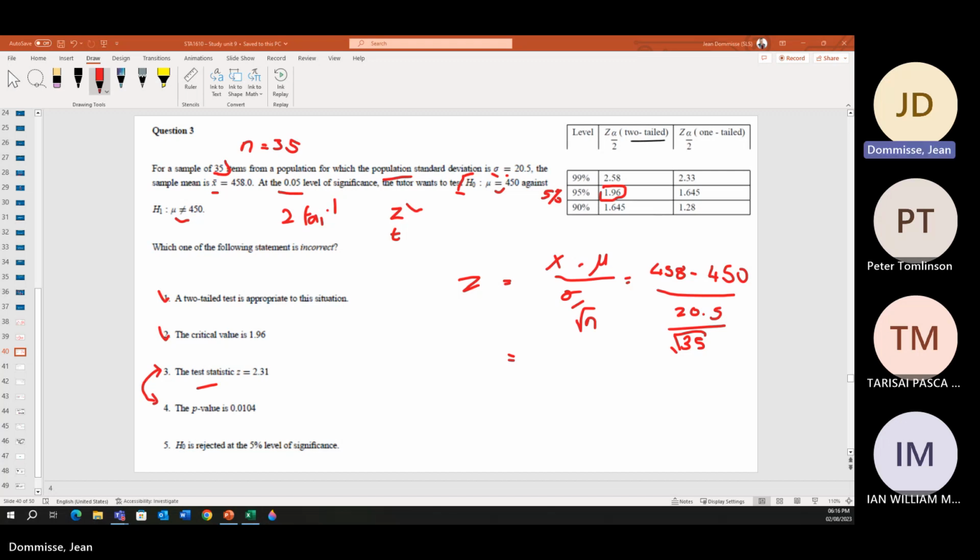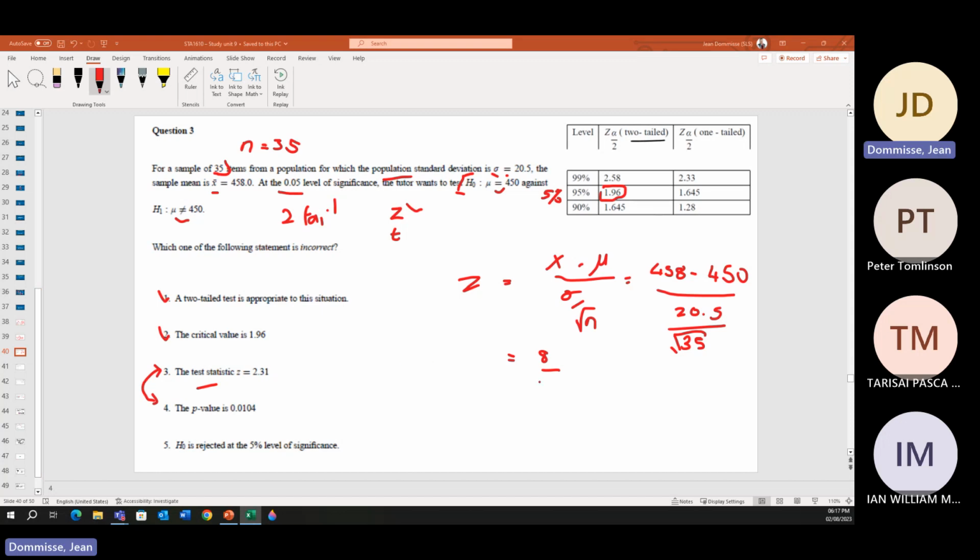So on the top line, we've got 458 minus 450, which gives us 8. At the bottom, we've got 20.5 divided by the square root of 35.